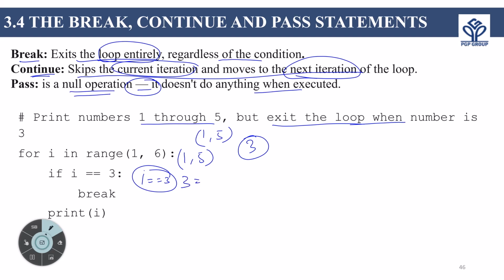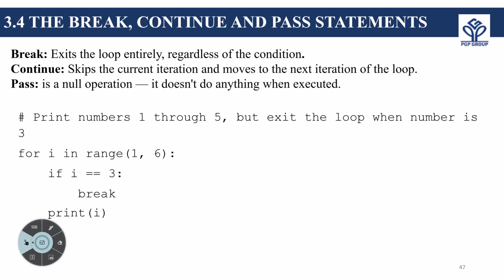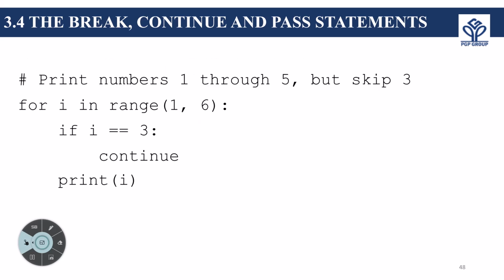When the I value is equal to 3, the condition is met and break executes, otherwise the I value is printed. Clear? How break is working? Clear? Next one. See that. Continue. Print numbers same as 1 to 5.